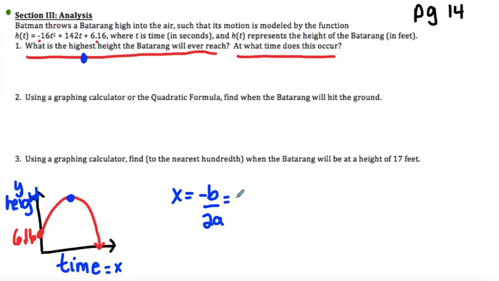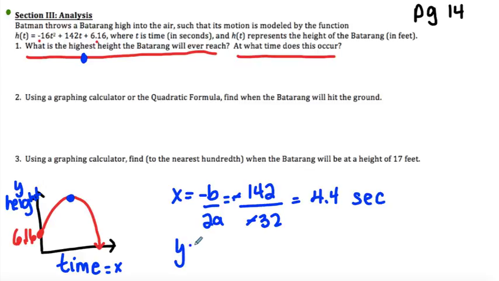So in this case, we're going to do -142 all over -32, because 2 times -16. And I believe that works out to be approximately 4.4. So that's seconds, 4.4 seconds. So I know that it's going to be at its max at 4.4 seconds.